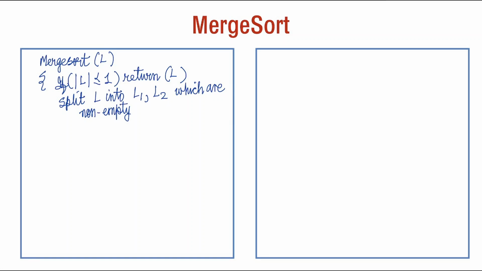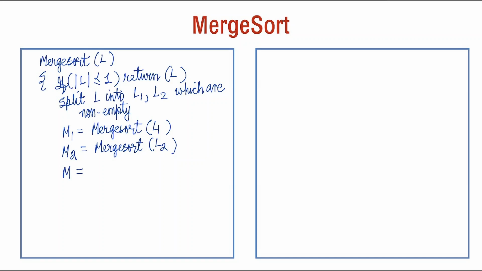Then M1 is equal to merge sort L1, M2 is equal to merge sort L2, and finally we need to get M back.